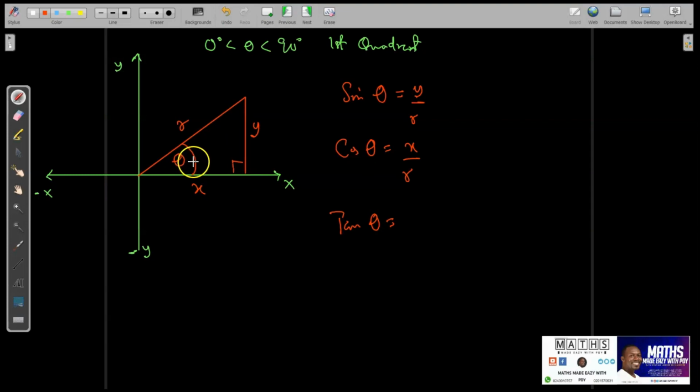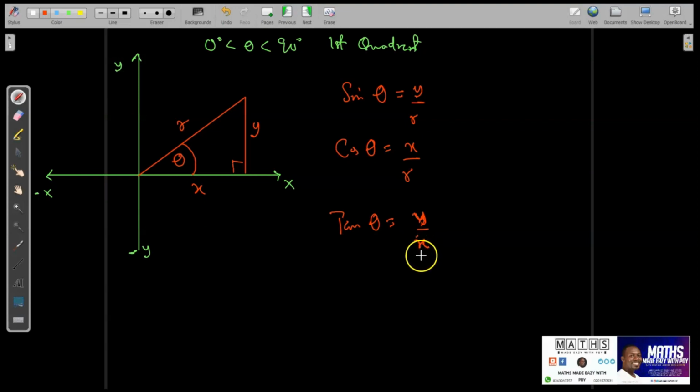Tan of theta is opposite over adjacent, so y on x. It's positive y over positive x. So the tan ratio for any angle in the first quadrant is automatically a positive number. Can I move on?